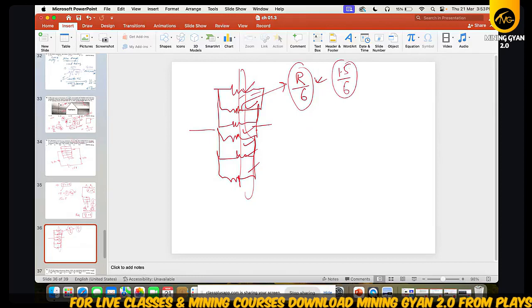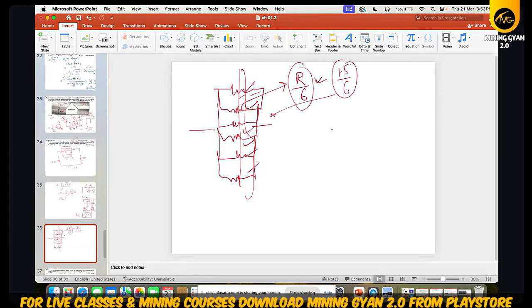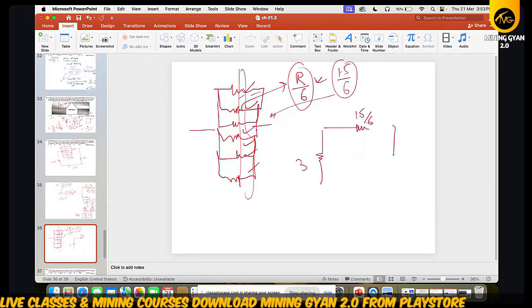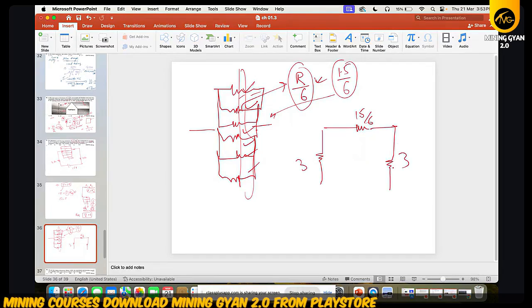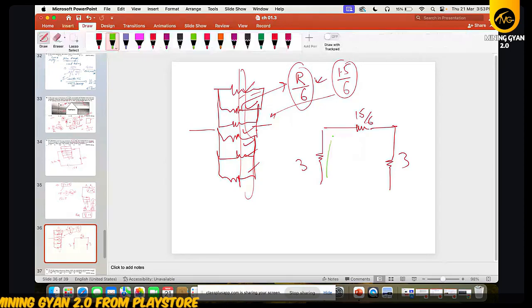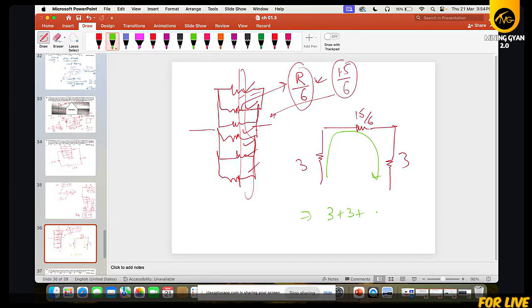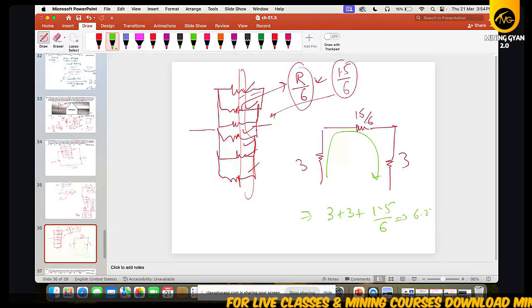So you can use 1.5 by 6, and we know this is 3, and we know this is 3. This is also in series, current will flow, so in this case you can add this because this is a series. So it will be equivalent with 6.26.